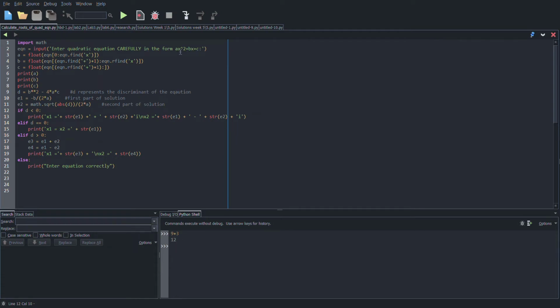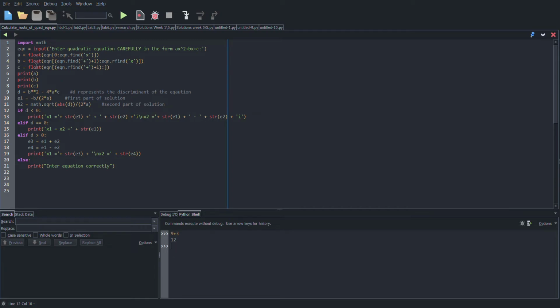So the first index is 0, the second index is 1, the third index is 2, and so on. So it cuts out everything from the first index till the index before it finds the character x, without x, and it converts that into a float, which is a number that has a decimal point, as I said.